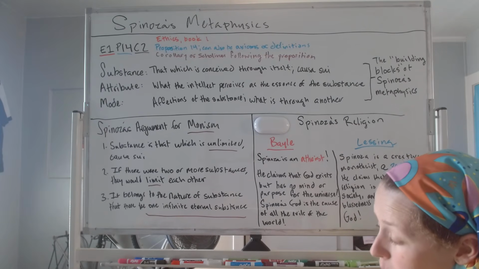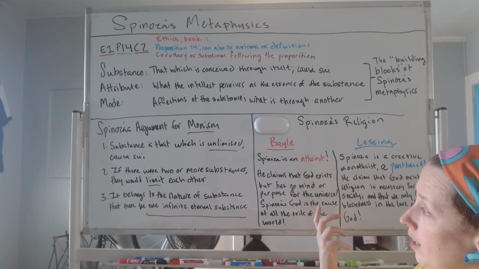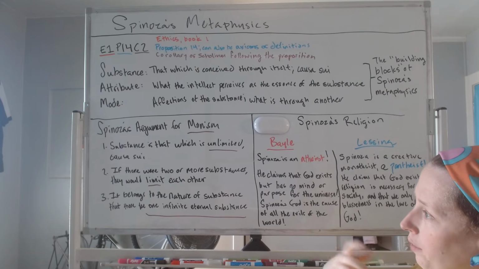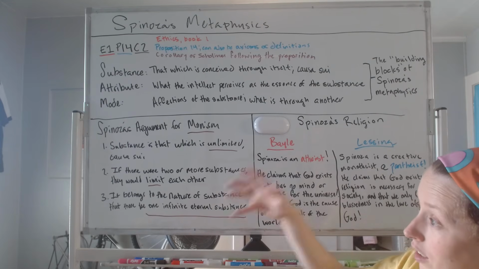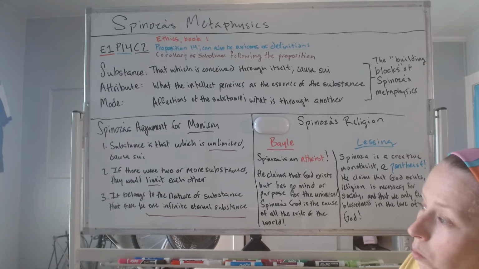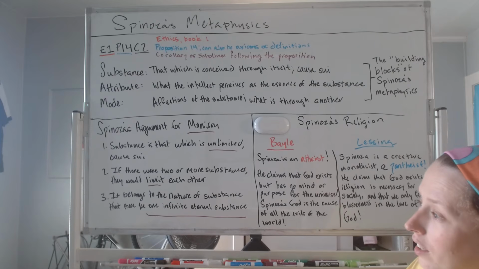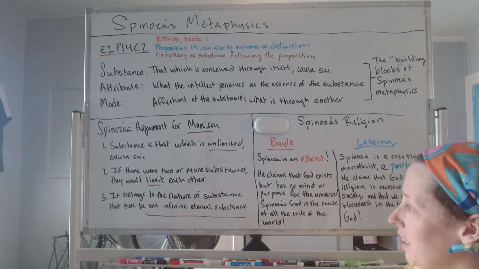And this becomes even more absurd for Bayle when you really accept Spinoza's monism, right? Whenever you accept that everything in the universe is an expression of God, that immediately has the consequence that when people in the world, for example, are evil, what we should really say is that God was evil.